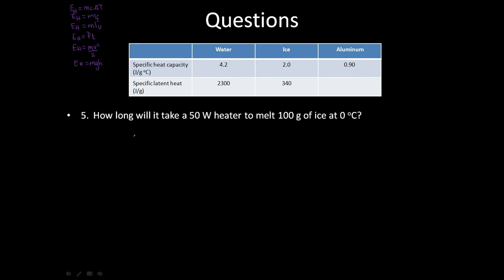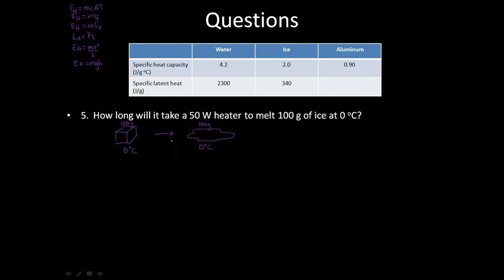So it says now, how long will it take a 50-watt heater to melt 100 grams of ice at 0 degrees Celsius? So there is no temperature change here. So basically we're going from ice, I like to draw, it's calming. So you're going from 100 grams of ice at 0 degrees Celsius to water, 100 grams of it at 0 degrees Celsius.